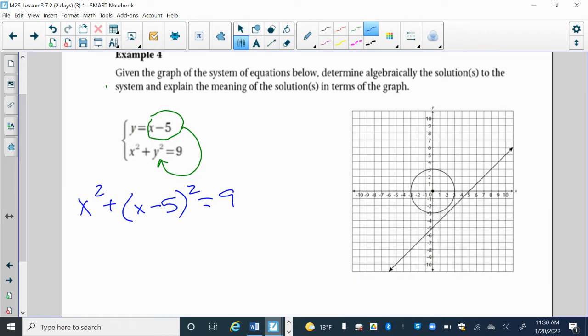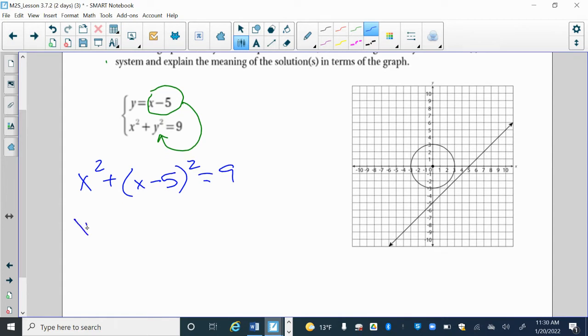Notice the result. This is a quadratic equation where we have a lot of algebra to do in order to solve this. So the first thing we'd want to do is let's multiply out this (x minus 5) squared. Because remember, that's the same thing as saying x minus 5 times x minus 5. So let's multiply that out.